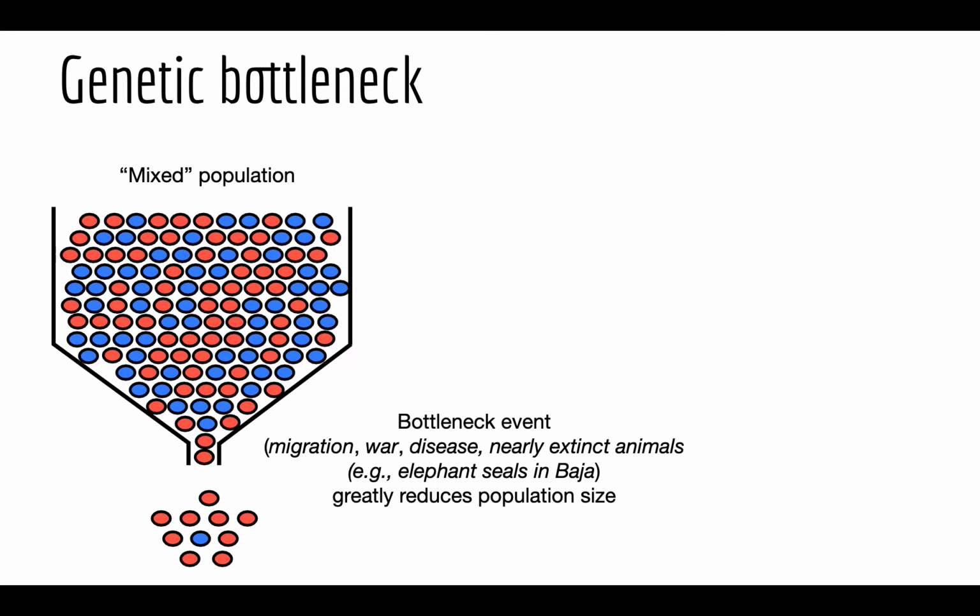Bottlenecks like this can occur because of war, migration, extinction. Most nearly extinct species have extremely low genetic variation because of this bottlenecking process. For example, elephant seals in Baja basically have no genetic diversity. They're essentially all inbred individuals because of bottlenecking.